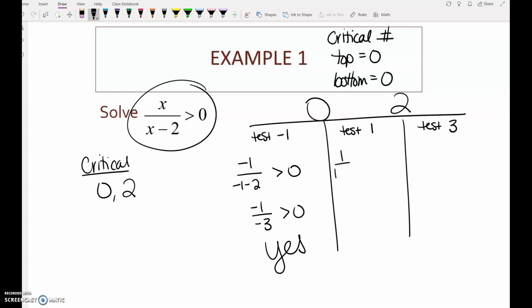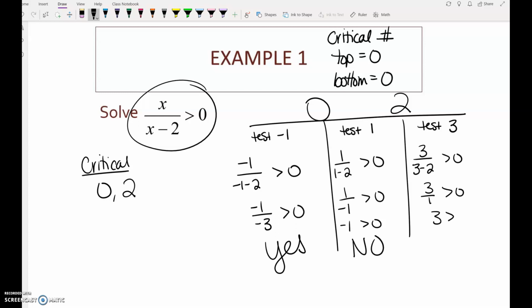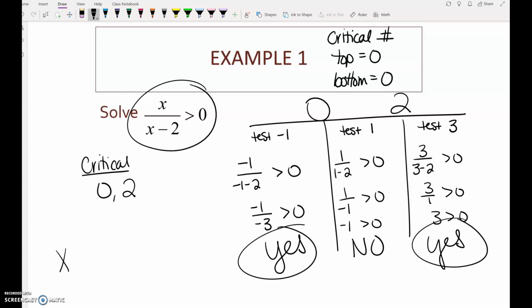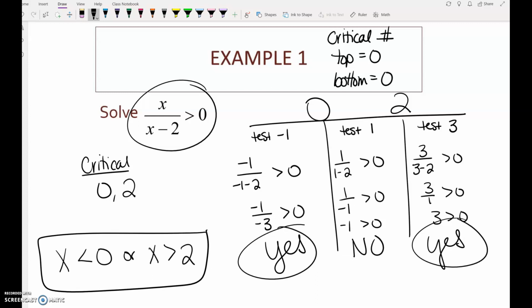If we test 1, that'd be 1 over -1, which is -1. -1 is not larger than 0. Test 3. 3 over 3 minus 2. Is 3 greater than 0? Yes, it is. So we are looking at x values that are smaller than 0 or x values that are larger than 2.